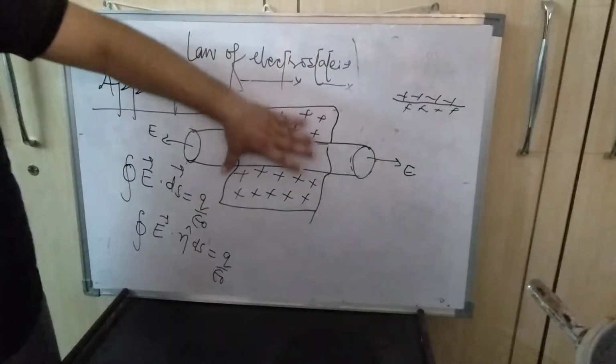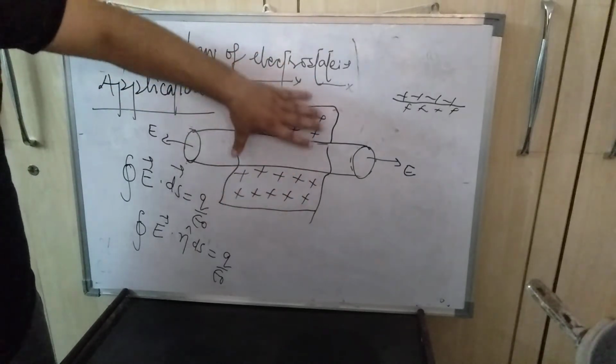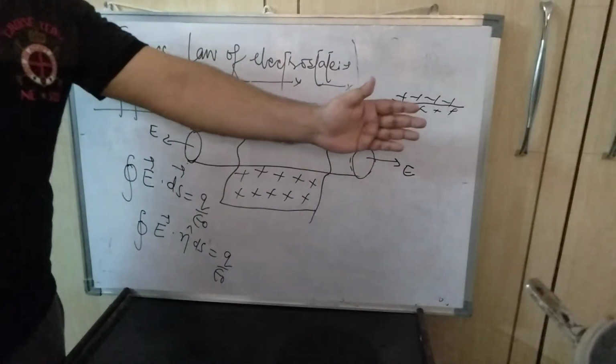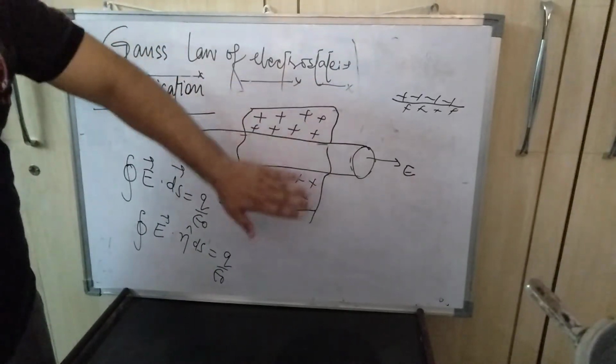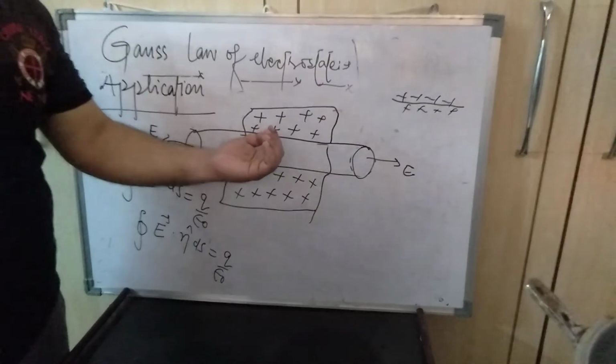Because if the charge is positive, then the direction of the field will be outward, or if it is negative, then the direction of the field will be inward. You have to remember this point.